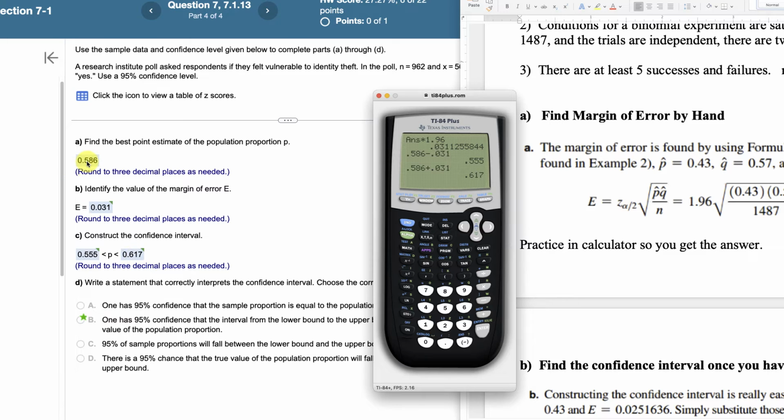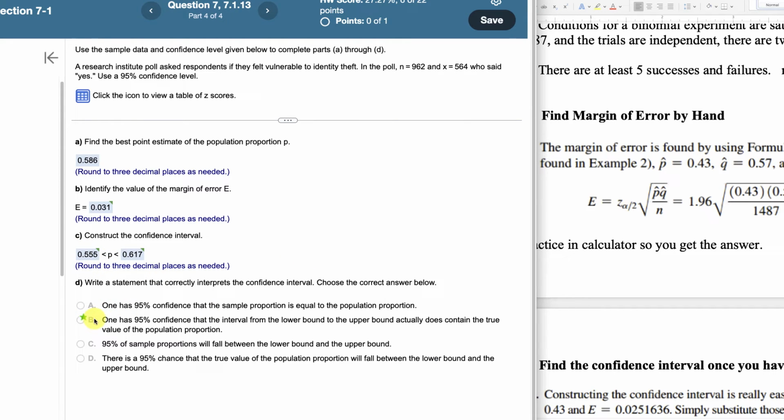We found the point estimate, the error with the formula, and then we constructed this. The statement that it corresponds to is one has 95% confidence that the interval from the lower bound to the upper bound actually does contain the true value of the population proportion.